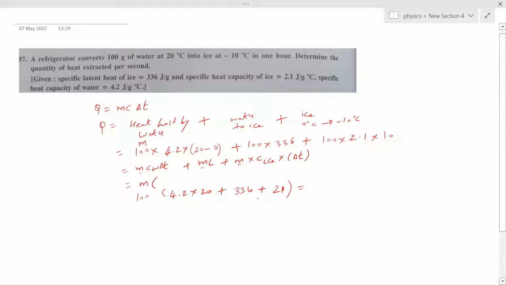Azra, you got the answer of this? Sir, I am finding the heat extracted. Sir, I got 44100 joule. Now I'm finding the heat extracted per second. Okay, perfect.